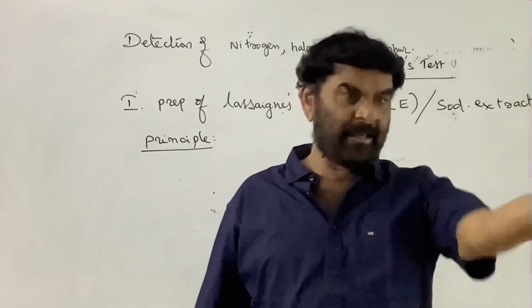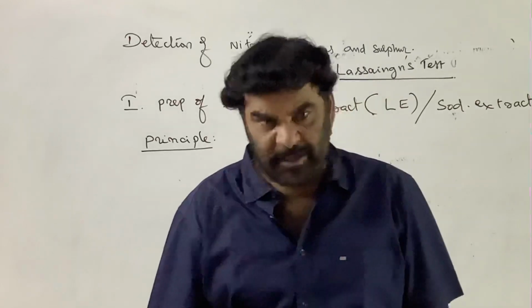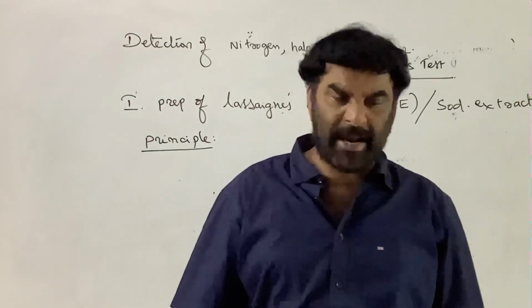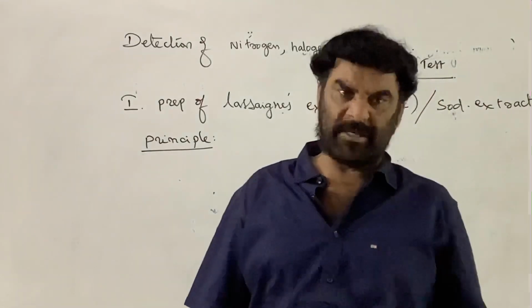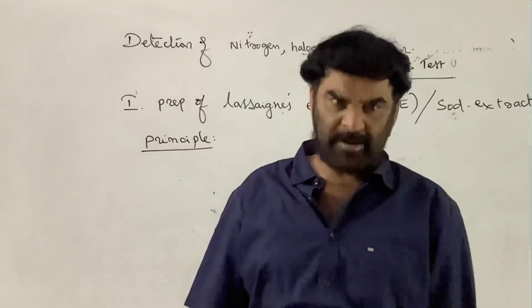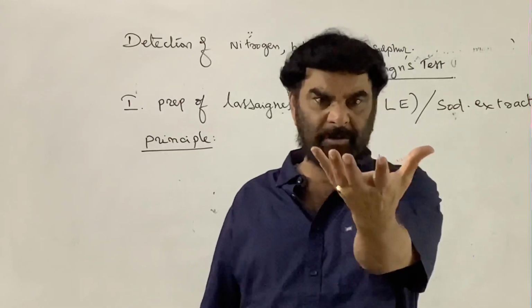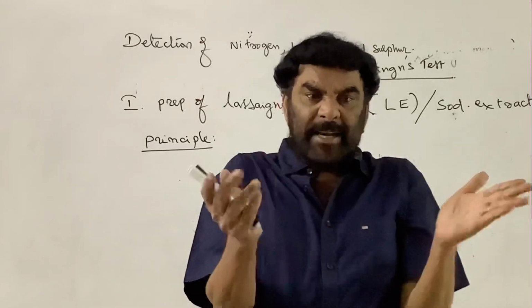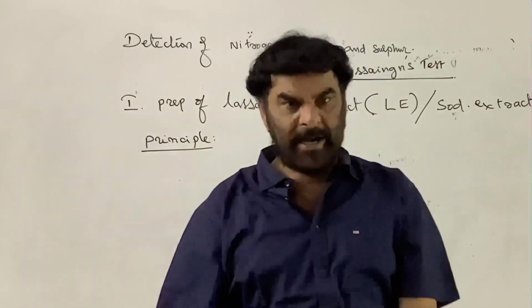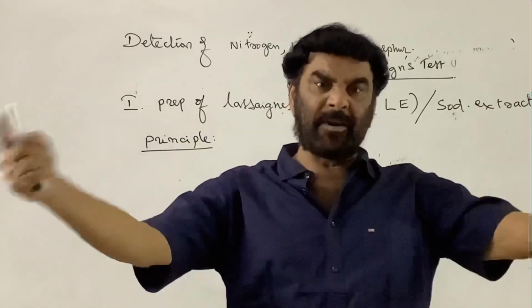Therefore, by conducting the test directly on the given organic substance, we cannot identify the presence of nitrogen. It is not ionizable nitrogen. It is not ionizable halogen. If you add sodium chloride to water, it disintegrates and converts into the chloride ion. There is an ionic bond, it is undergoing ionization.